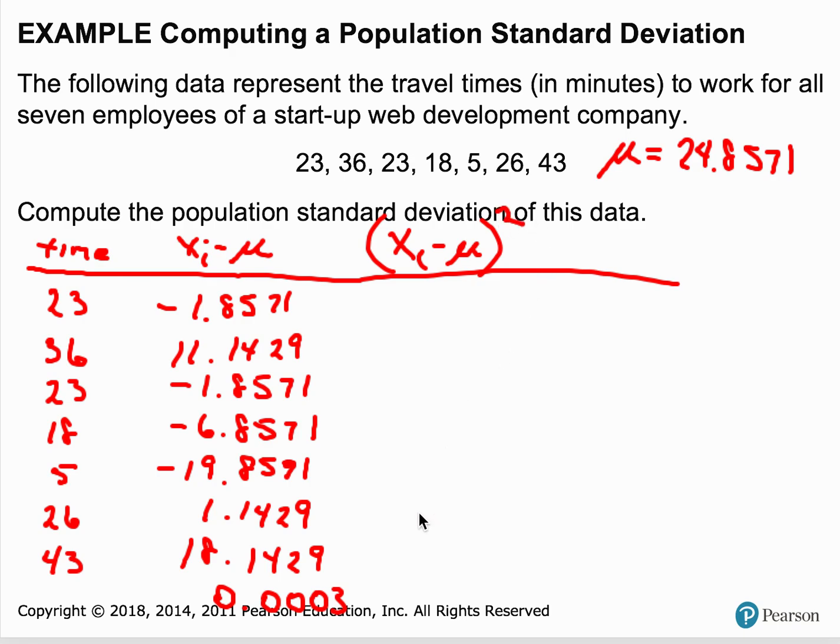Okay, so 1.8571 squared is 3.4488. 11.1429 squared is 124.1642. 1.8571 squared is, oh, we already did that one.